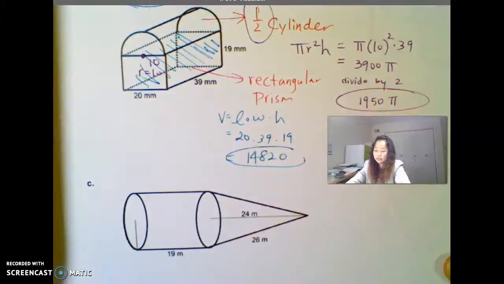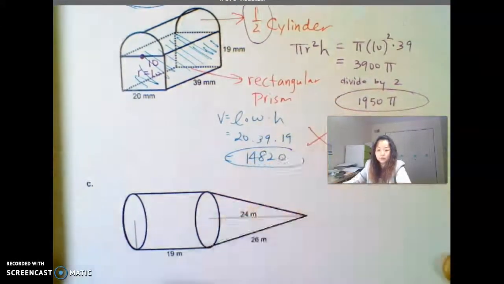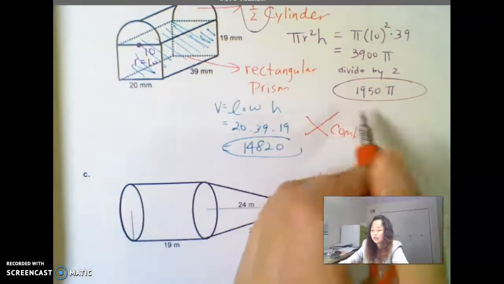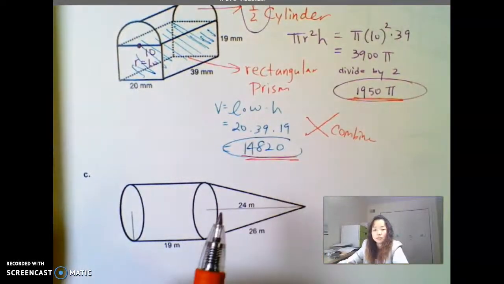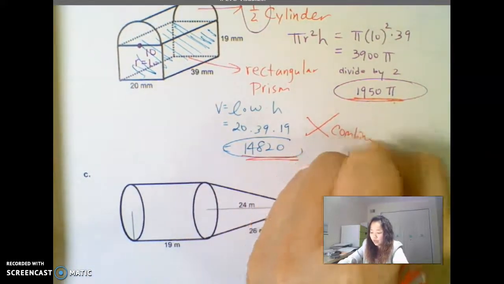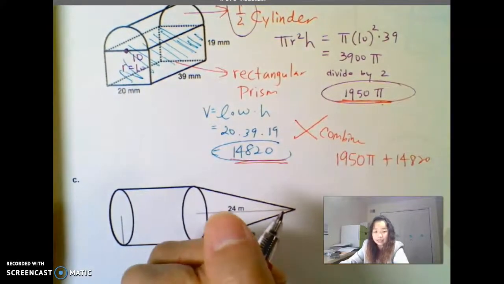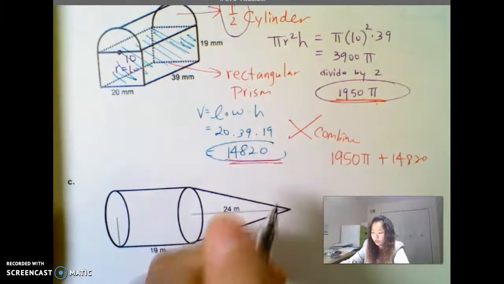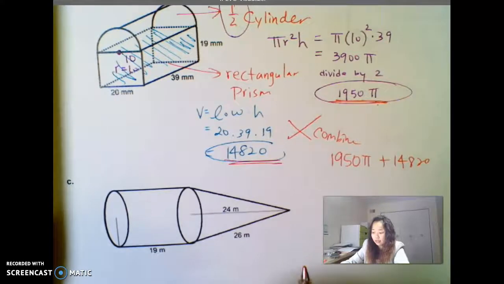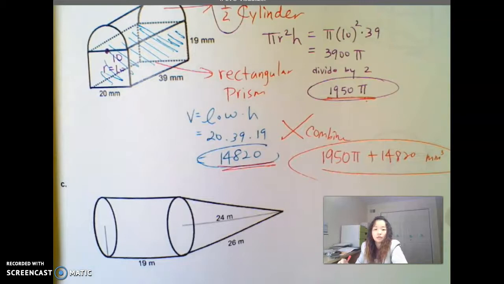Now we need to combine this, and we need to be careful. Combine, not multiply. It looks like multiply. When you combine it, this has pi, this one doesn't. So it's almost like having an x, so these two terms should stay the way they are because they're not like terms. So 1950 pi stays and 14,820 stays. And then just don't forget the unit.